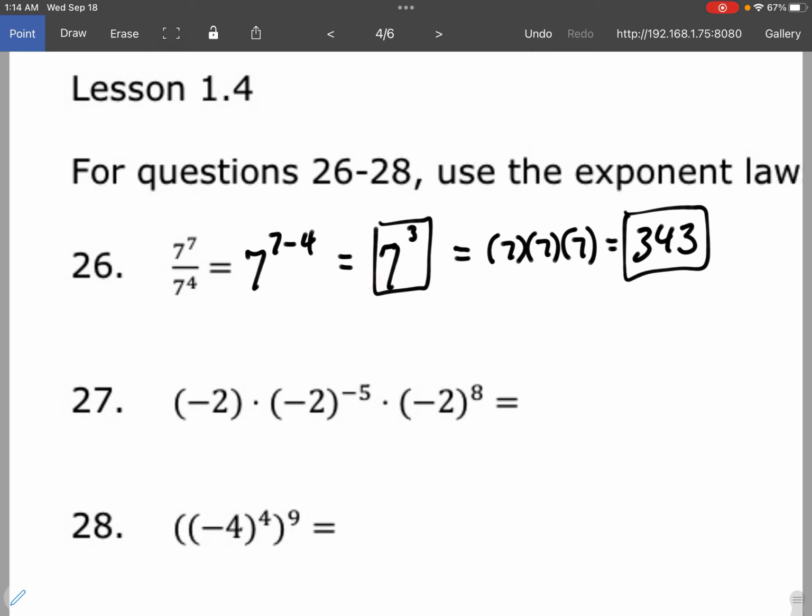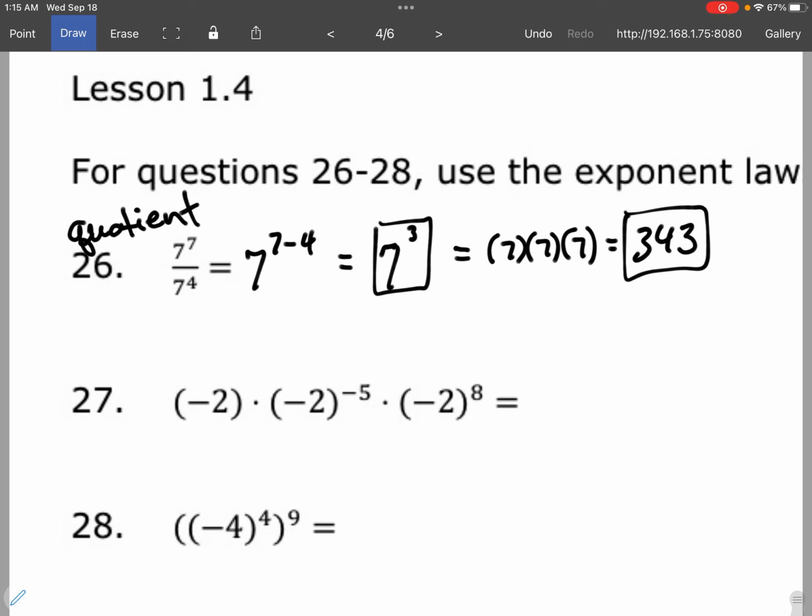This is called the quotient rule, okay? This rule right here is called the quotient rule. So for the quotient rule, you have to subtract the exponents if they have the same base and you're dividing.